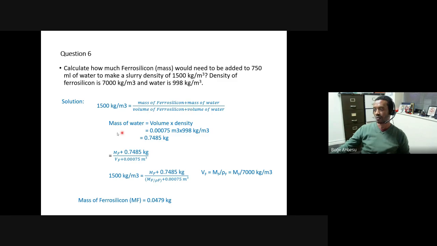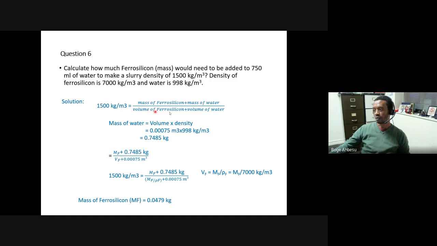And in this case, we use the same concept that density is mass by volume, or mass is volume times density. So the volume I'm targeting is given here. Convert that into meter cube, and the density of water is given here. Then I calculate the mass of water in 750 mil. Then what I want to calculate is mass of ferrosilicon, but I now know mass of water.